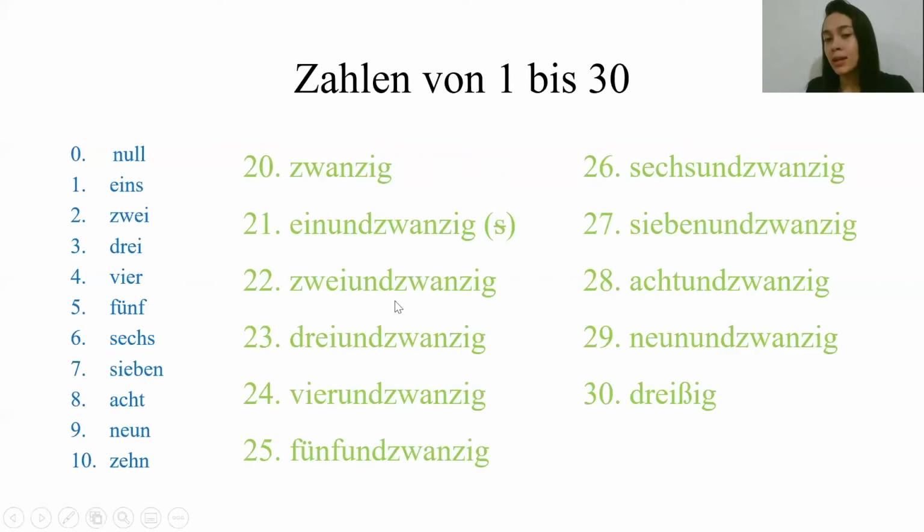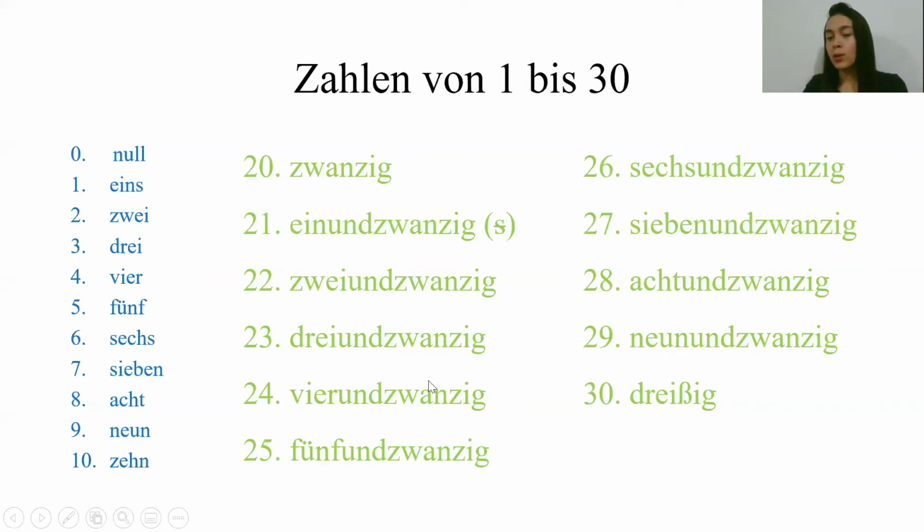When you look at the next numbers, 23. They took the 3, they added the und and the 20. 3 and 20. That's how we do it in the German language. Next one, 4 und 20. 4 and 20.